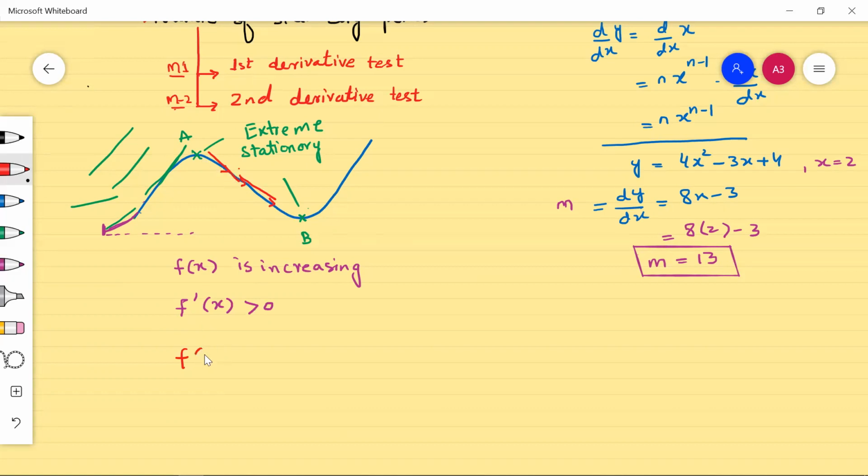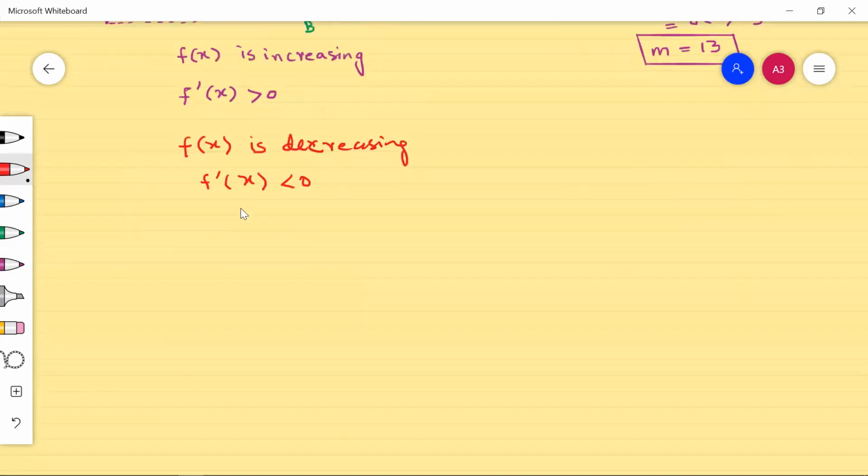So f of x is decreasing where f dash of x is less than 0. I hope it is clear that f of x is increasing where f dash of x is greater than 0, and f of x is decreasing where f dash of x is less than 0.